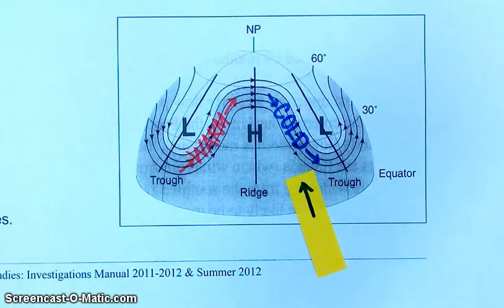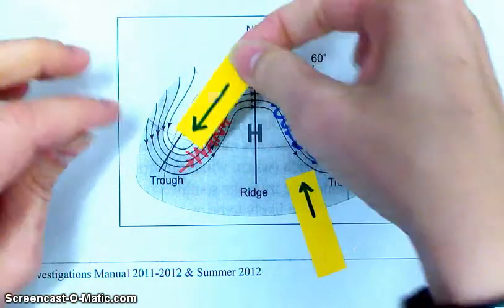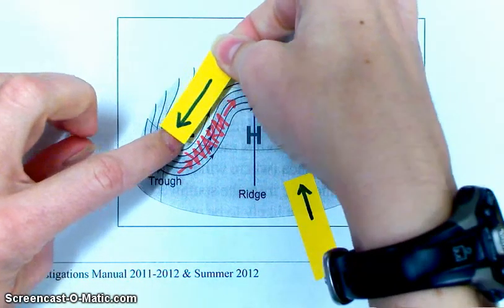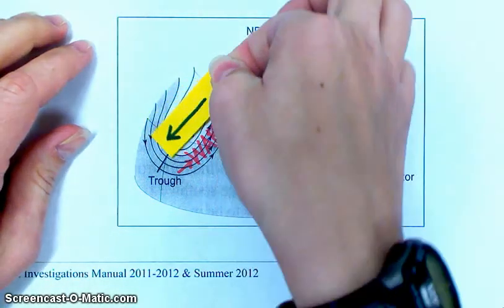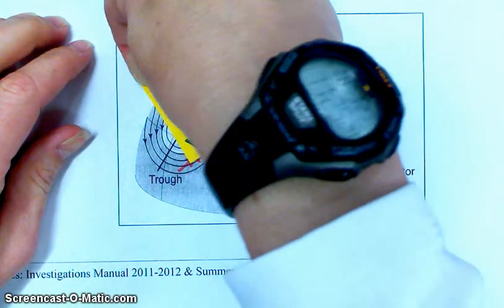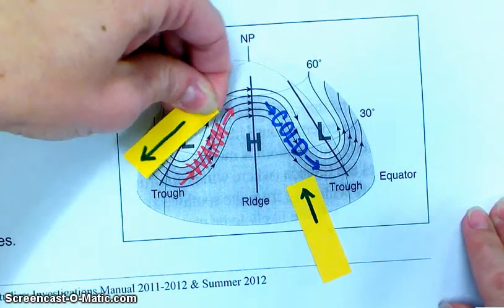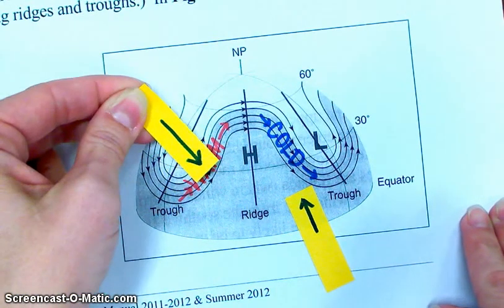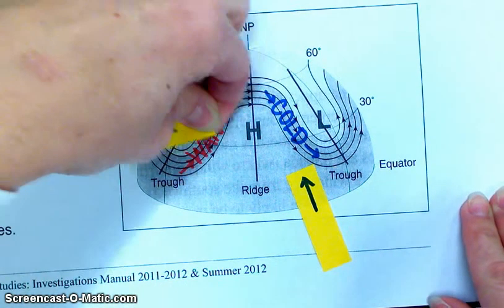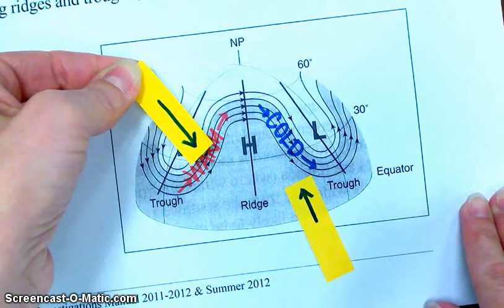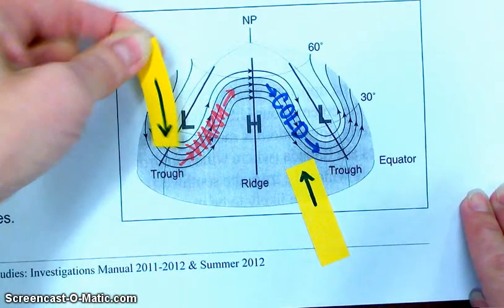Number 2, the troughs of the upper air westerlies curve counterclockwise, and they are called cyclonic. So if you are at a trough and you are following the arrows, if you are curving around the low, notice that you swing in a counterclockwise direction.